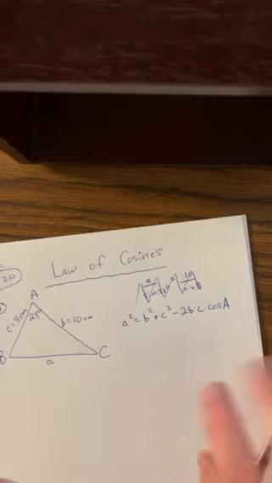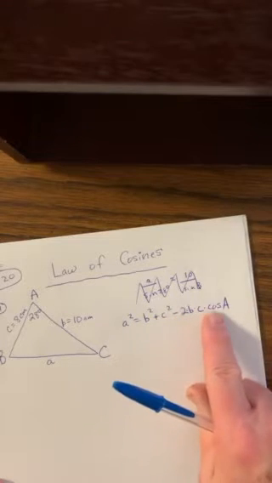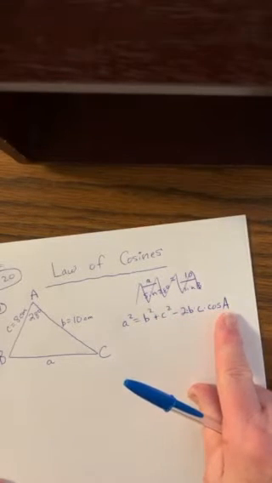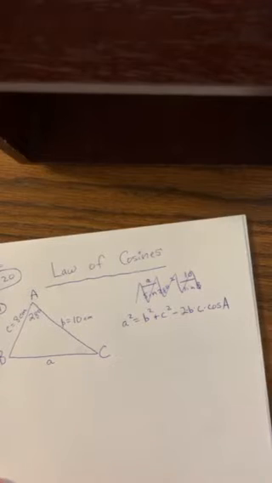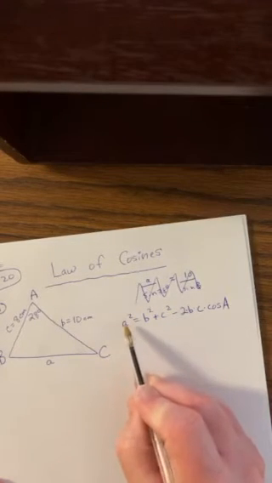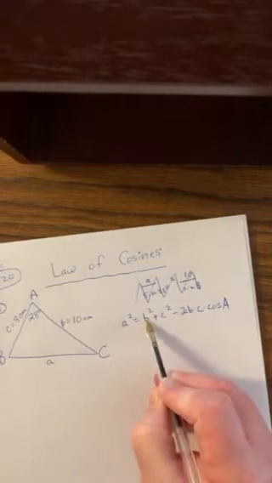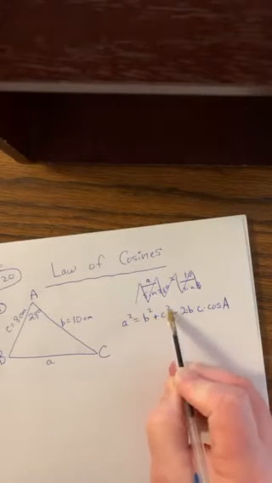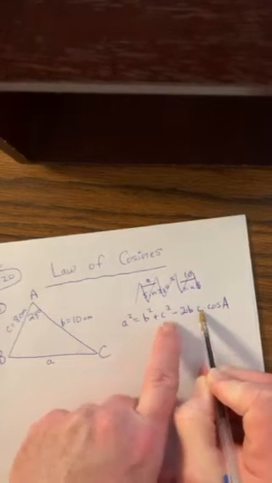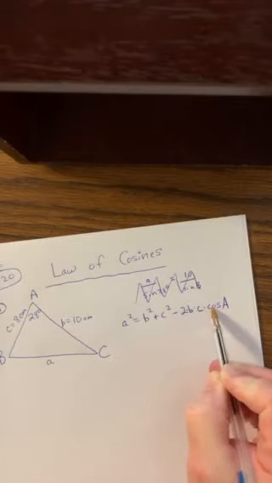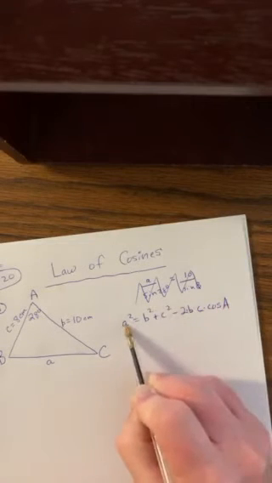Oh boy, that looks crazy. Again, a squared equals b squared plus c squared minus 2 times b times c times the cosine of angle A. Even though that looks a little confusing, if we used words instead of letters, in essence, that formula means you can take any side that you want and square it and set it equal to the second side squared plus the third side squared minus 2 times the two sides that you just picked, b and c, times the cosine of the angle that's opposite or across from the side that you started with at the beginning.